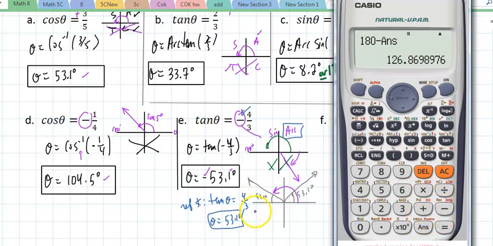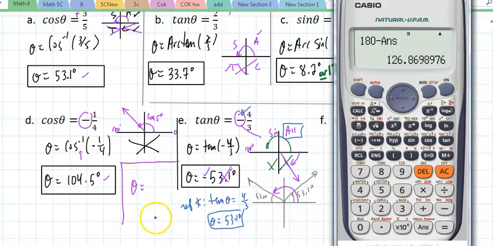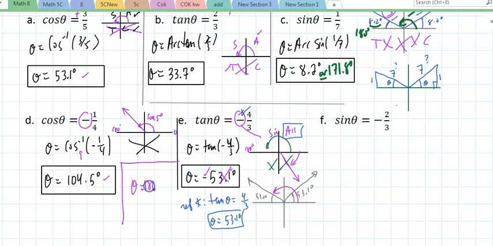That would be 126.9 degrees. The actual answer to this problem would not be negative 53 degrees. Rather, theta would be 126.9 degrees. So the reference angle is a key, and we're going to use that all throughout this course.